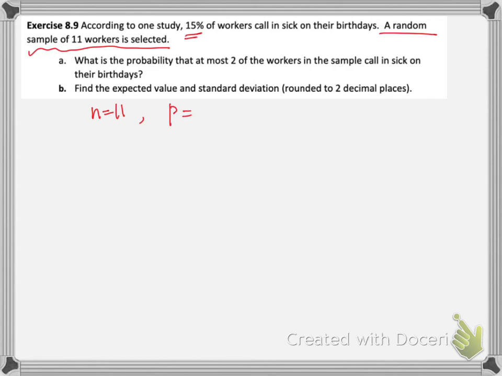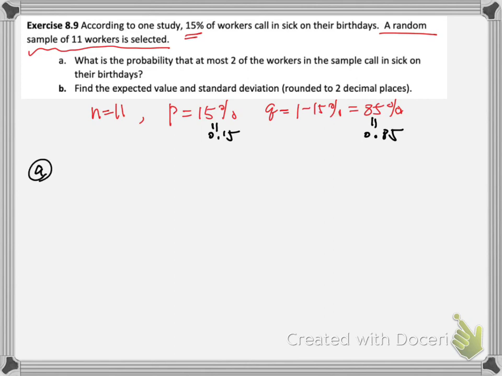So P is 15%, and then Q is 1 minus 15%, which is 85%. And then we also change them to decimals. So this is 0.15, this is 0.85. Just the first two decimal places.